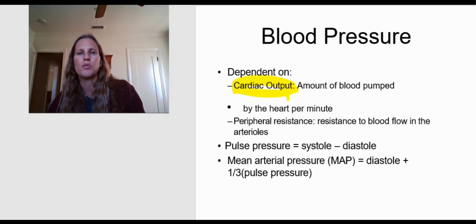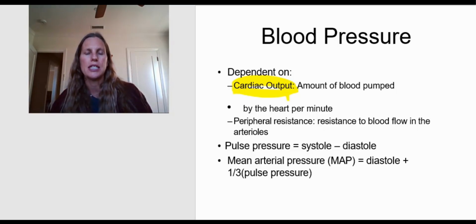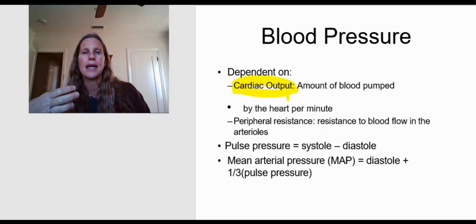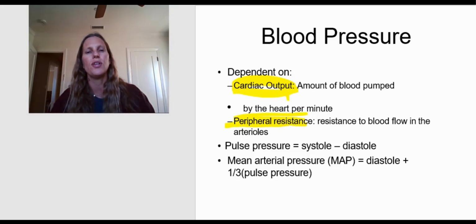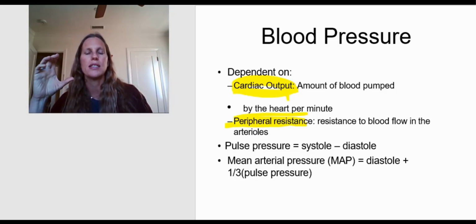We calculate that by knowing how much blood is ejected each beat and how many times the heart pumps in a minute. And we also need to know the peripheral resistance, the resistance to flow. So your blood pressure is going to be dependent on that, and the resistance is determined by the radius of the vessel.